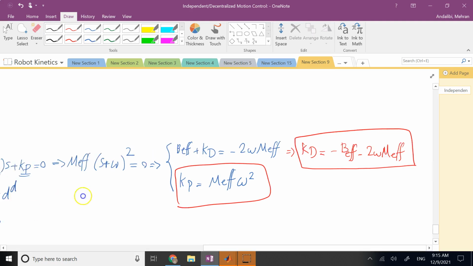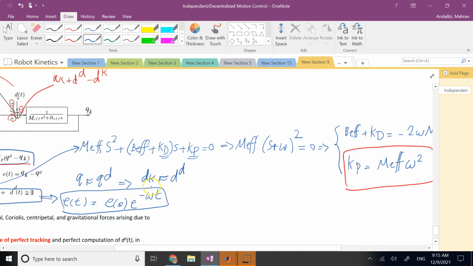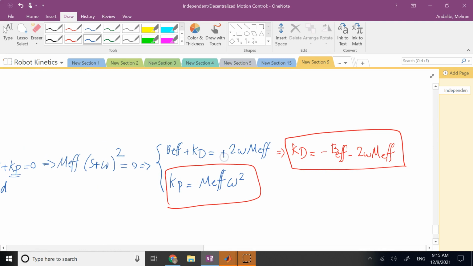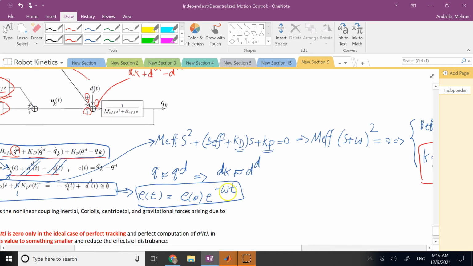It's my bad, because if your root is negative omega, this should be s plus omega. So this guy should be 2, and that means this should be positive 2. There we go. So if you choose your kp and kd equal to these two sets, just choose omega, whatever you want. The bigger the omega, the faster you converge to 0.